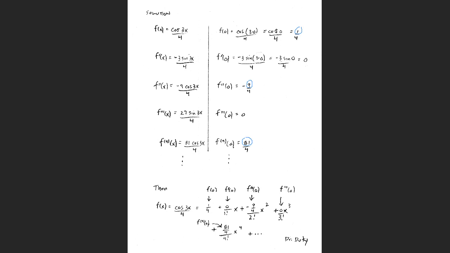But could you venture, based on the pattern here, what would the fifth derivative evaluated at 0 equal in this power series?